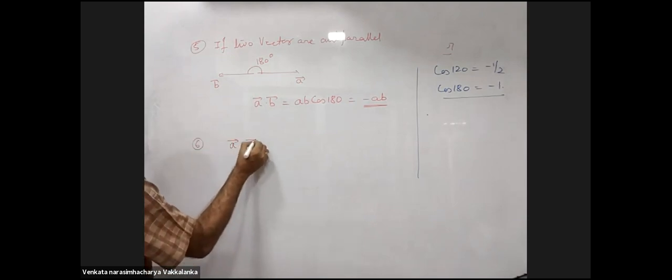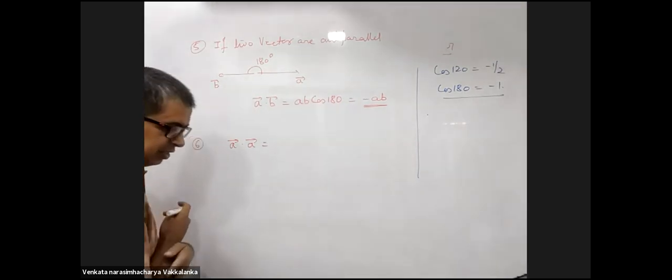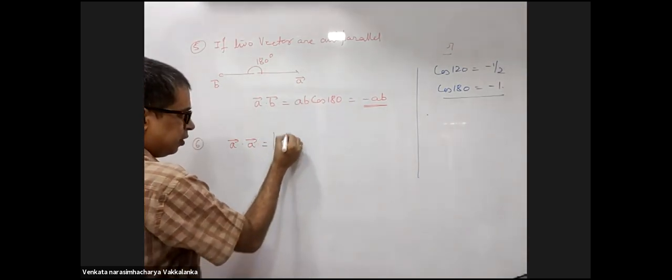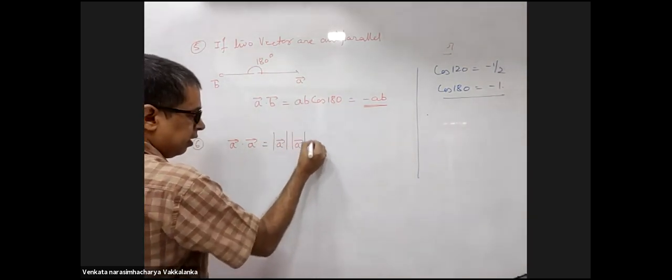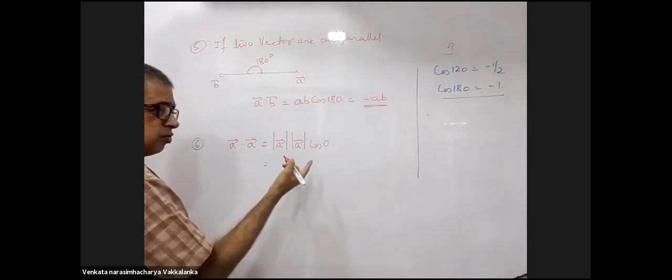A dot A is equal to how much? Magnitude of A into magnitude of A into cos 0.